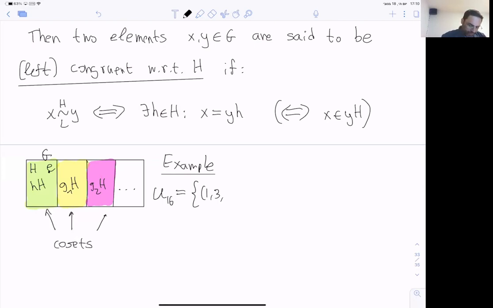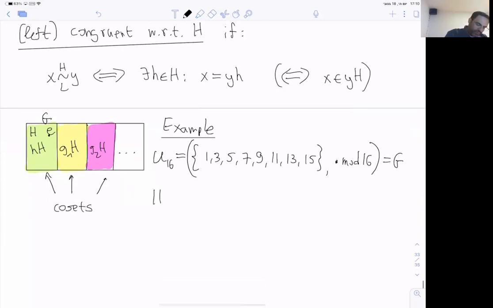So 1, 3, 5, 7, 9, 11, 13, 15. We don't need these brackets here. Together with multiplication modulo 16, this is our G.